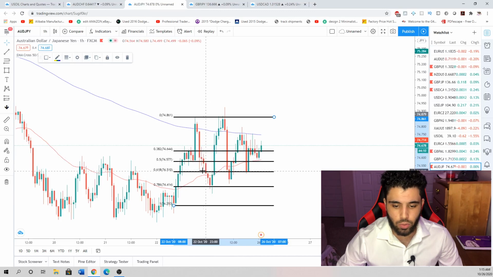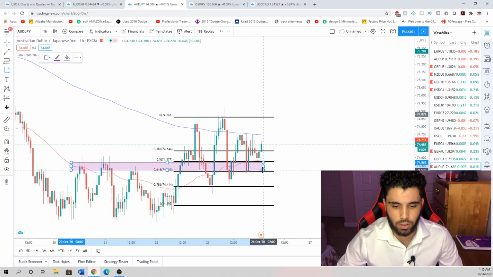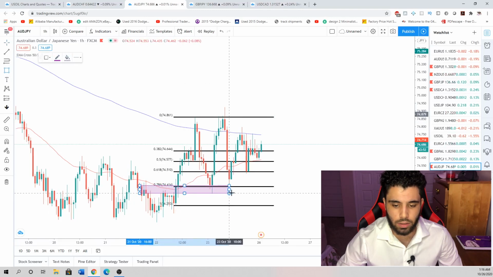I would like it to respect this 0.618 because it would be in confluence with this support turn resistance here. However, it broke through, which is fine, and started to respect this 0.786 zone, which is also in confluence with the next level of support turn resistance. So this is a valid setup right here.